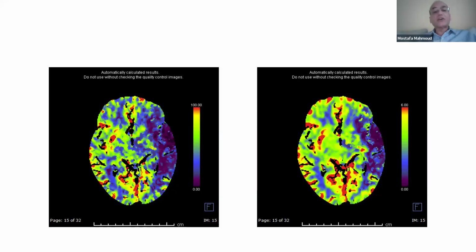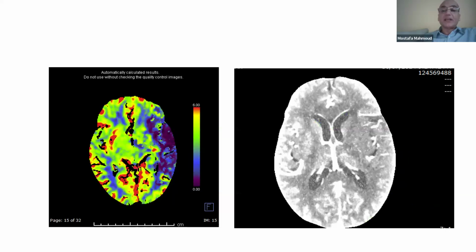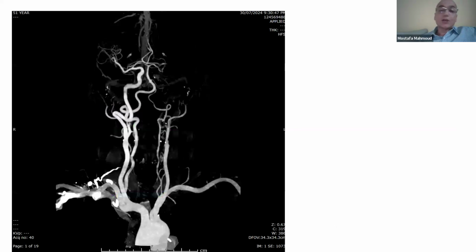Another case of a left M1 occlusion in a patient presented in the first 6 hours. So obviously here you can say that this is a source image CTA, relatively blackish, and we will proceed for thrombectomy anyway.